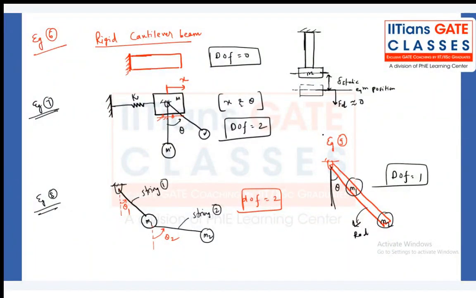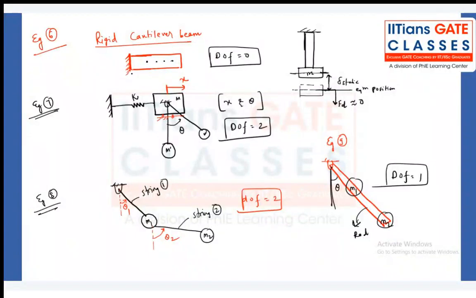If there is a rigid cantilever beam, that means it cannot be deflected, so will any displacement variable be required for each and every mass? Suppose infinite masses are there. Do we require any variable to specify the positions? No. So what are the degrees of freedom? Zero.